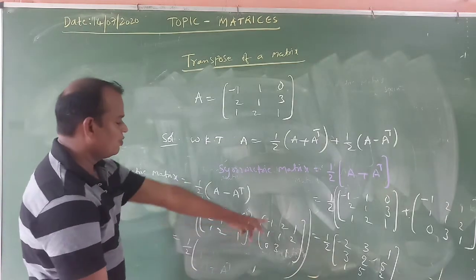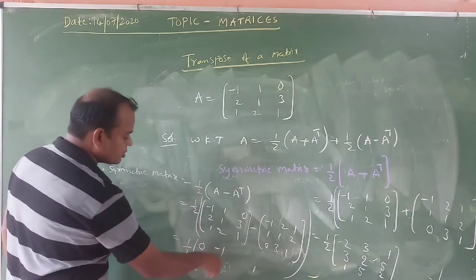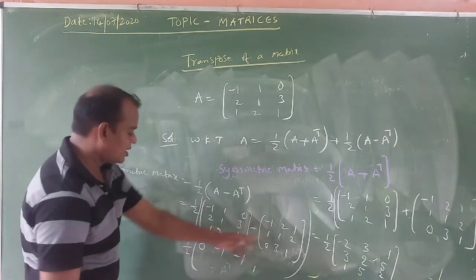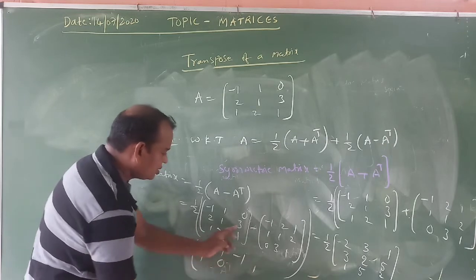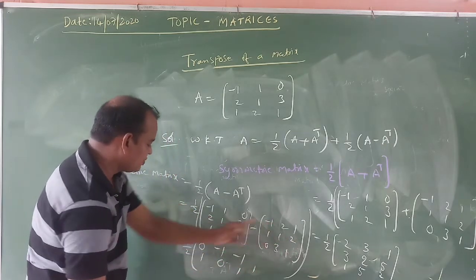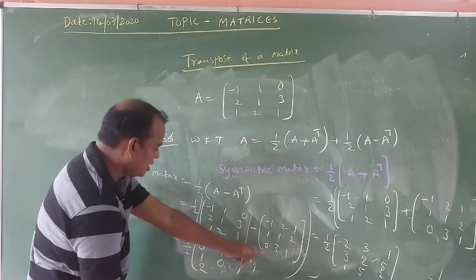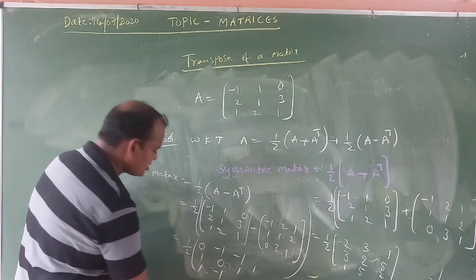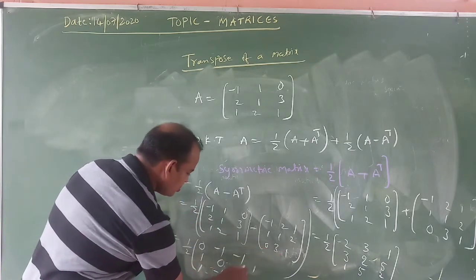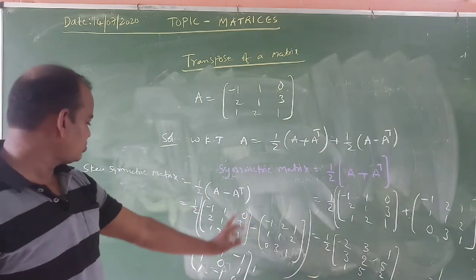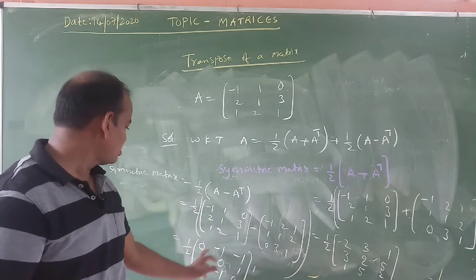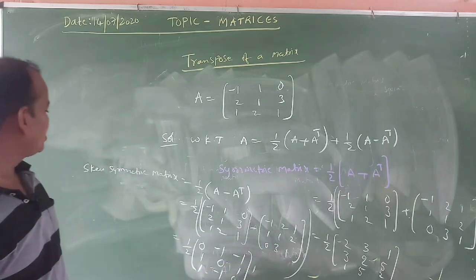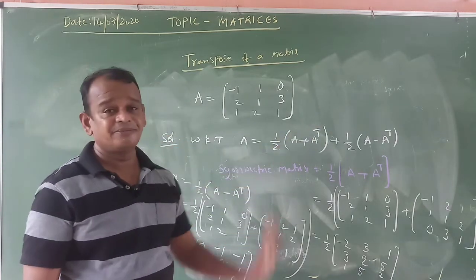Minus 1 minus minus 1 is 0, 1 minus 2 is minus 1, 0 minus 1 is minus 1, 2 minus 1 is 1, 1 minus 1 is 0, 3 minus 2 is 1, 1 minus 0 is 1, 2 minus 3 is minus 1, 1 minus 1 is 0. Now you write those values and substitute here.